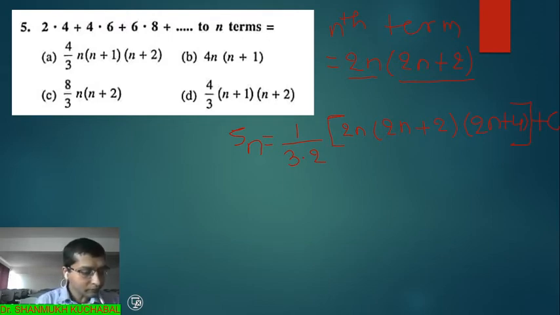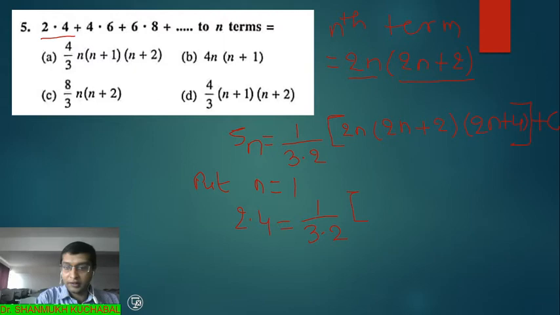Further we will simplify this one. For this we will put n equal to 1, so that we can find the value of c. So Sn we will take as the first term, that is 2 into 4, and 1 by 3 into 2 as it is.